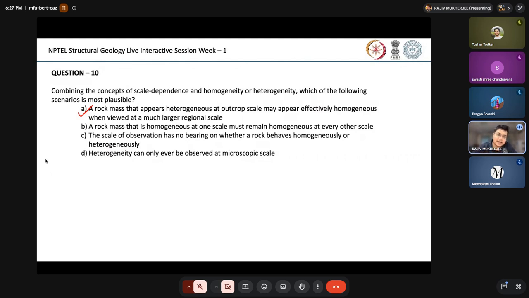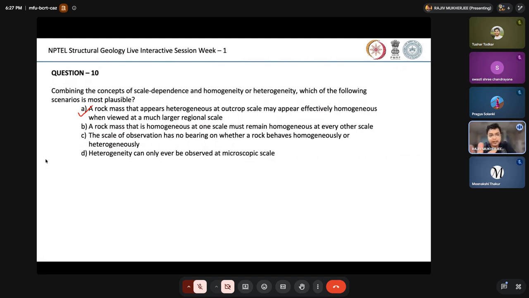So when I zoom in, I am actually changing from heterogeneous to homogeneous deformation. It is not right that heterogeneity can only be observed at the microscopic scale. On the contrary, homogeneity can also be observed at the microscopic scale.